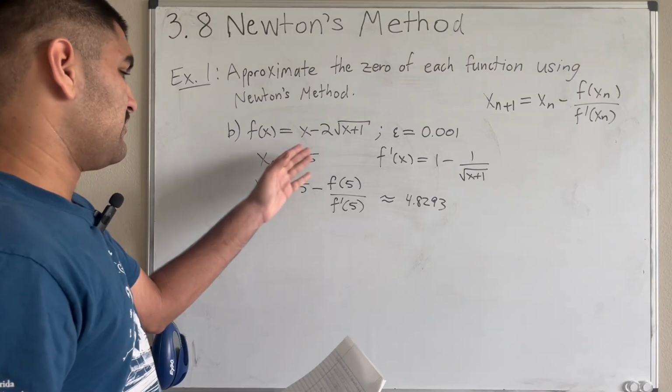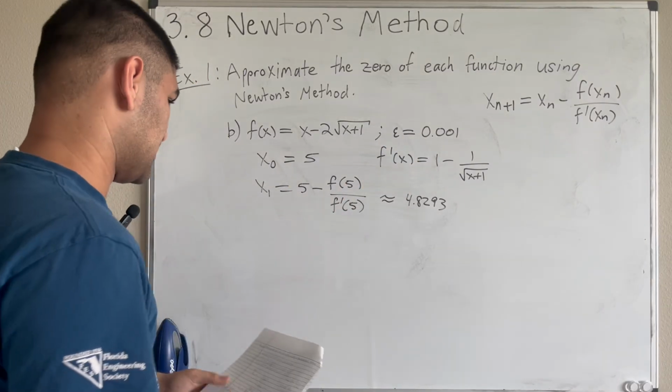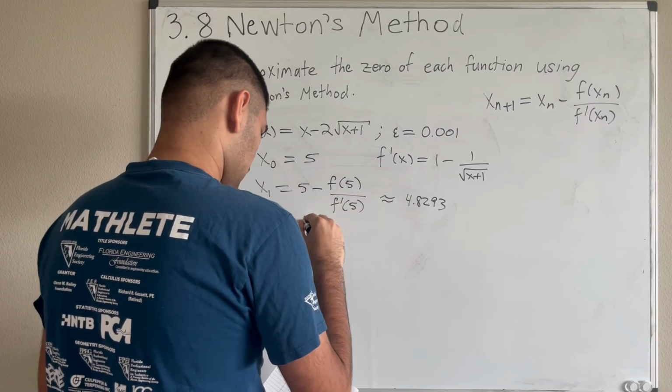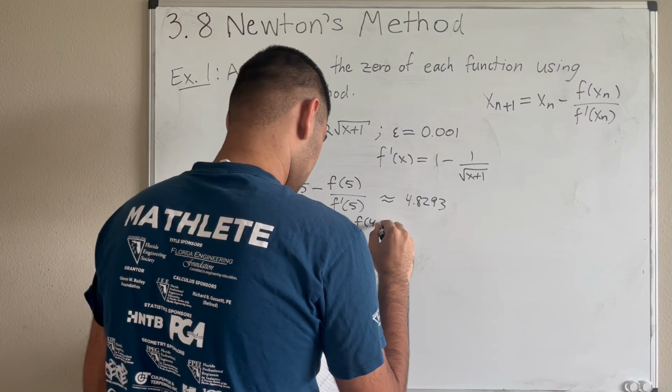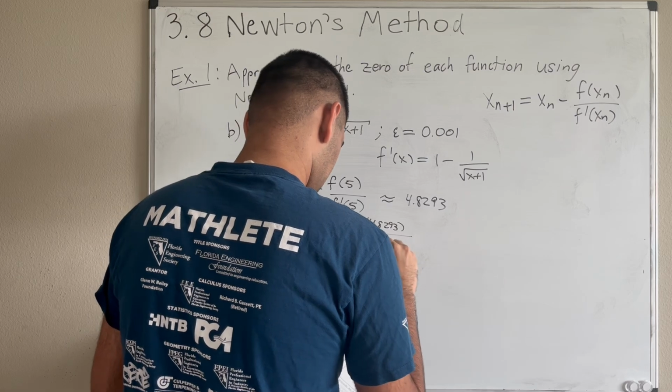So the difference between 5 and 4.8293 is definitely greater than our epsilon. So you must keep going. So x2 is equal to our x1 value, 4.8293, minus f of that over f prime of x1.